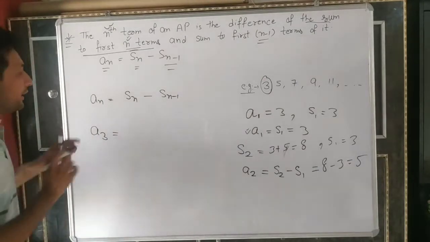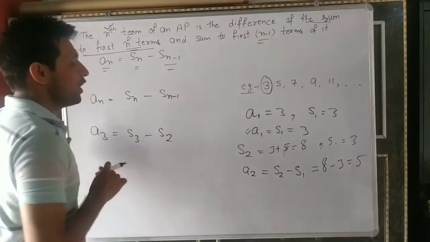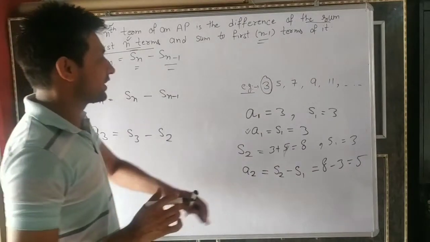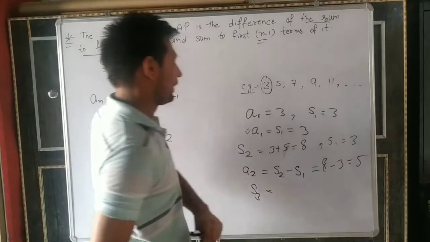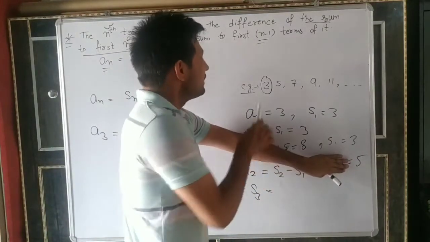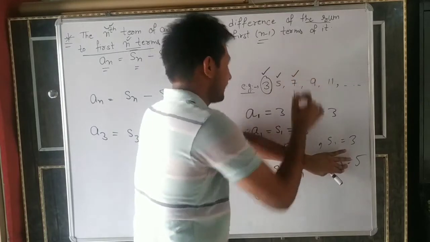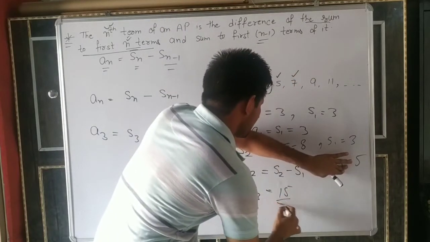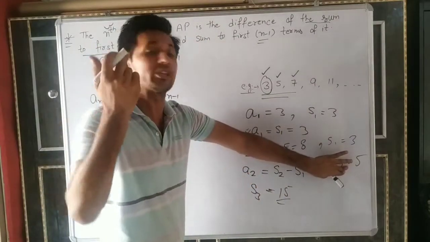Same as it is, we can find A3. How to find A3? S3 minus S2. First we will find S3. What is S3? 3 plus 5 plus 7, that is 15, because it is the sum of the first 3 terms.